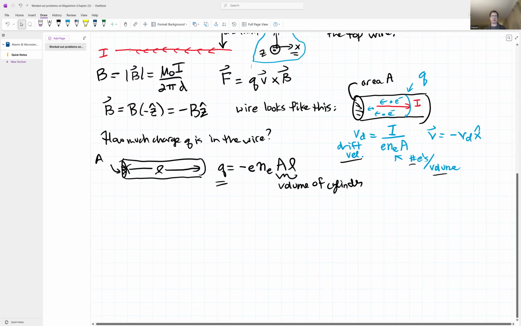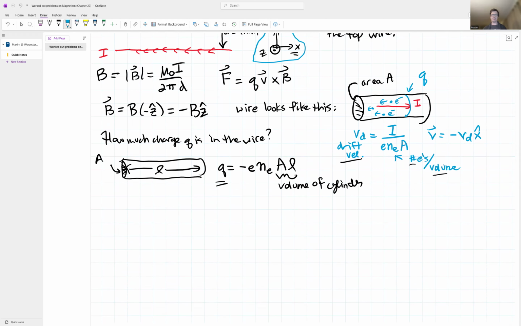All right, so there we go. And now let's put these two things together and figure out what this quantity is. So the force experienced on the top wire is equal to Q, which we figured out is E, density of electrons, area, L. All right, this is our Q. Our V is minus the drift velocity, x hat.